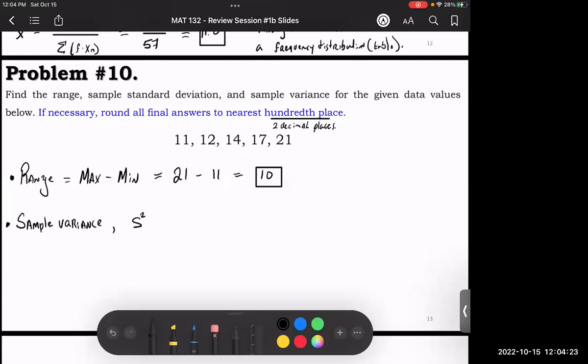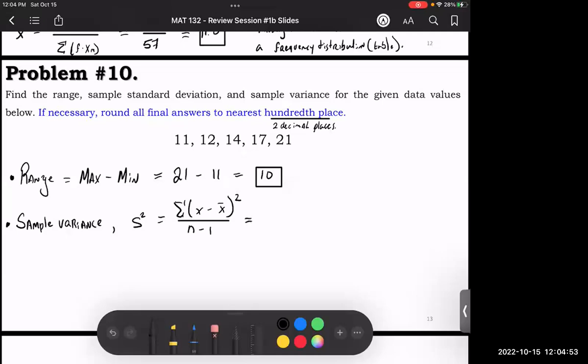So S squared is equal to the sum of each data value minus the mean over n minus 1. What I should have technically written there on the top was the sum of the difference between each data value and the mean, squared, over n minus 1.